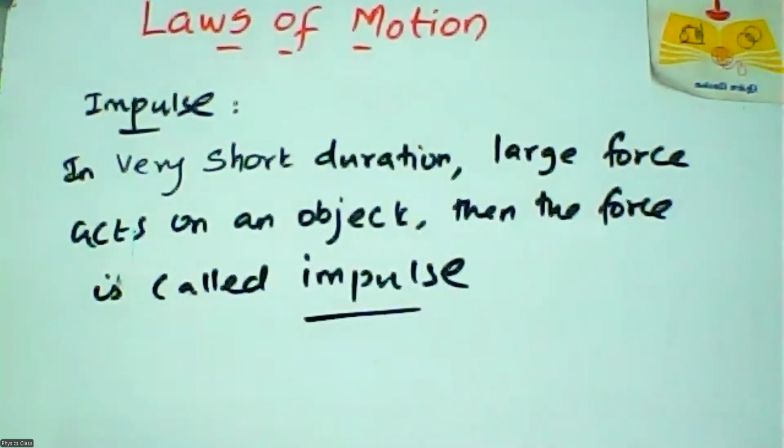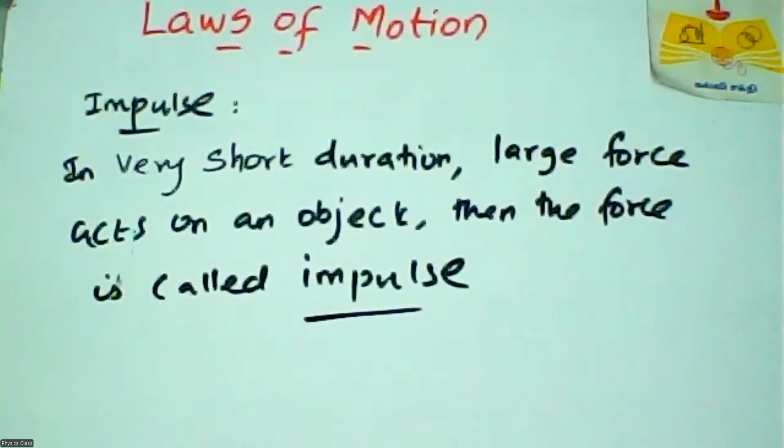So in the previous sentence, you told us that impulse is change in momentum. Now you are telling us that impulse is a force. Any difference, sir? Yes, both concepts are the same, because force is nothing but change in momentum.